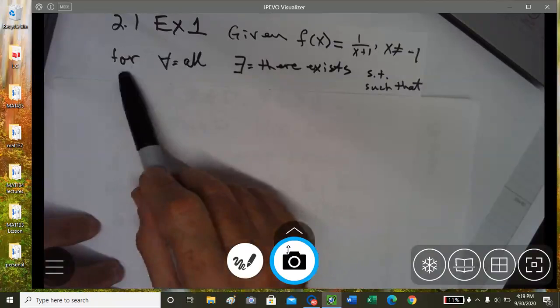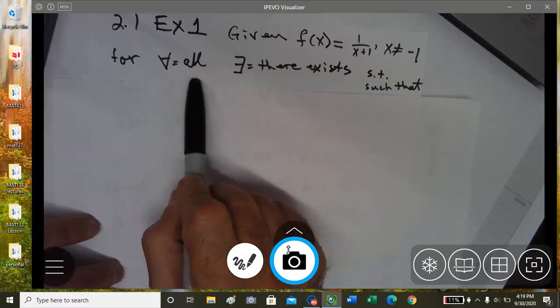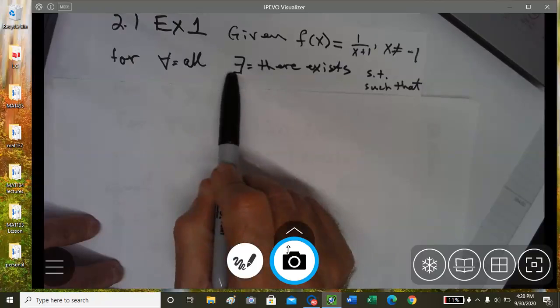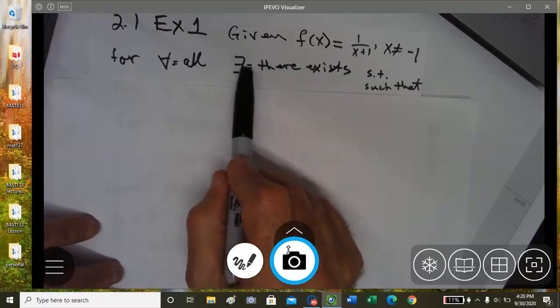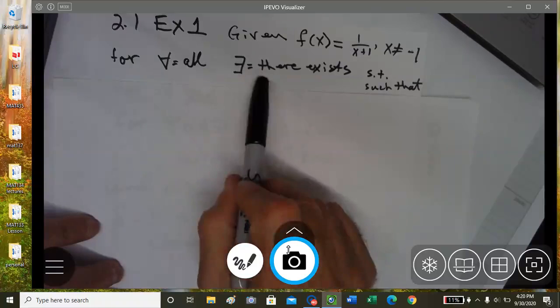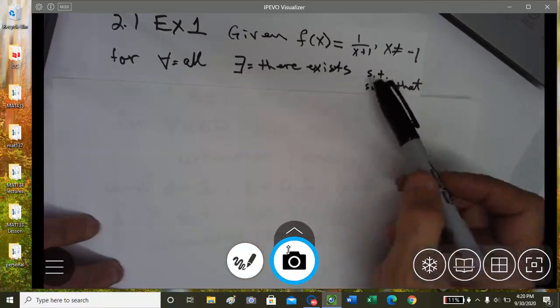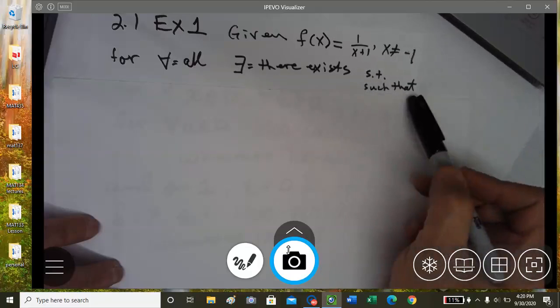We're going to use this upside down looking A, and that means all. And here we use this backwards looking E symbol, that means there exists. ST means such that.